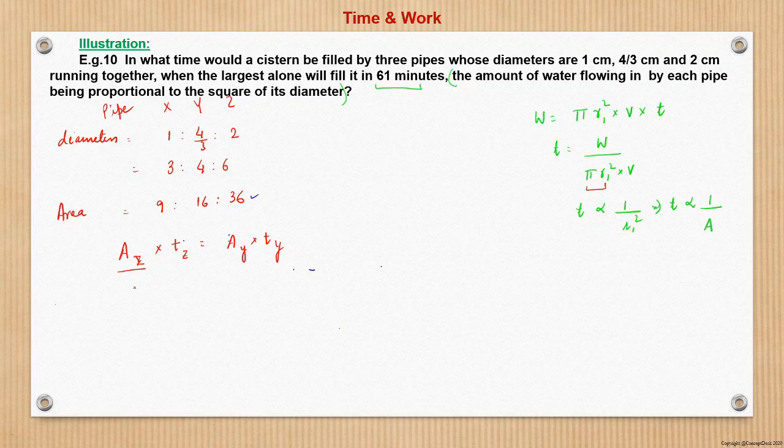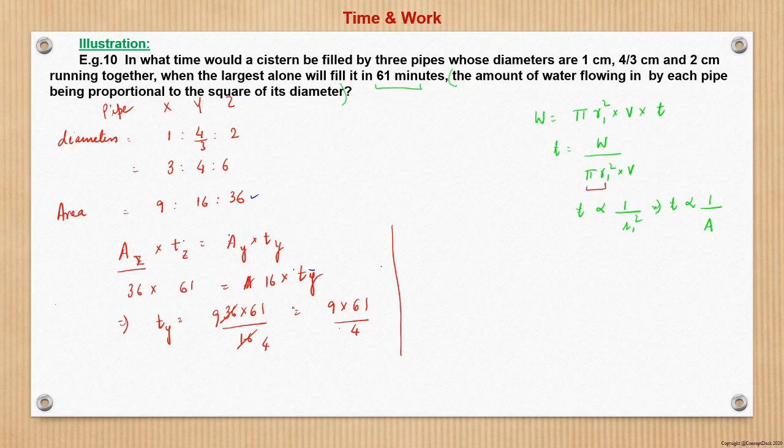So area of Z is given as 36 and time is given as 61 for Z, the largest one. Area of Y is given as 16. So time taken by Y will be 36 into 61 upon 16, which is 9 into 61 by 4.